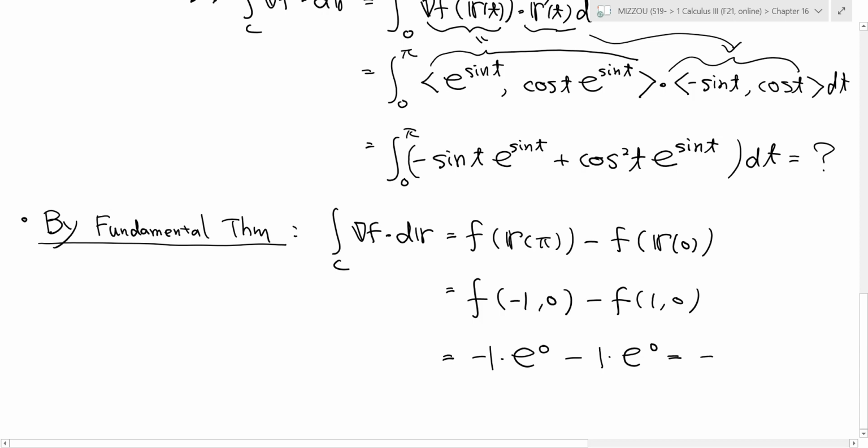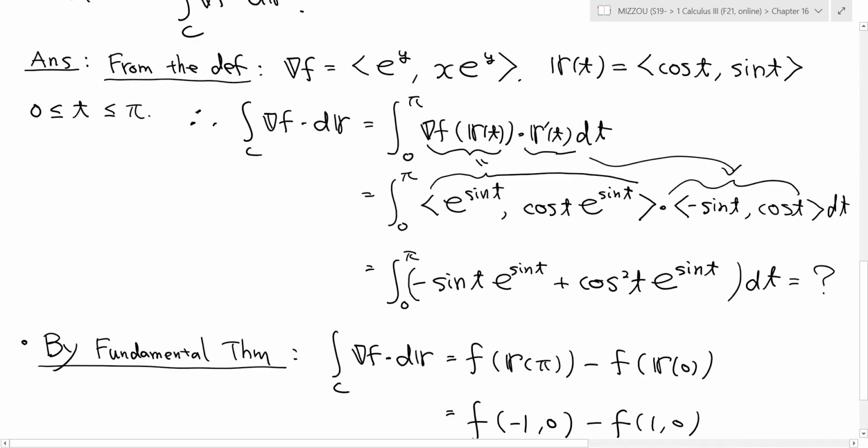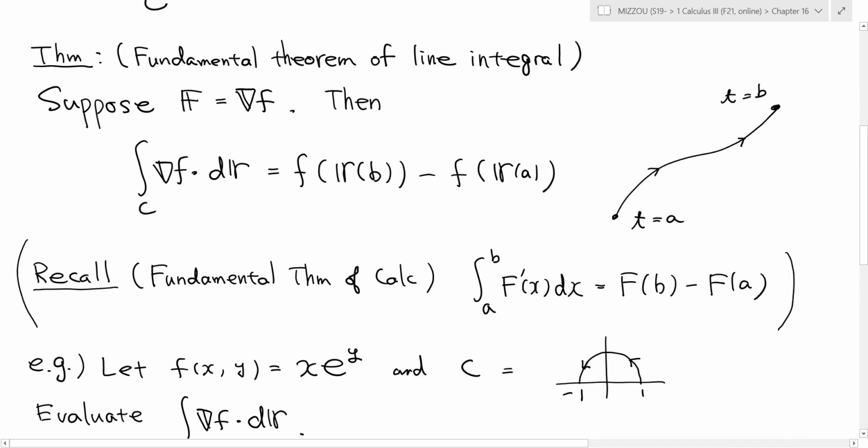Okay. So this is a way to compute this line integral by using the fundamental theorem of line integrals. That means, like I said, it is good to know if a given vector field is of this form, gradient of f.